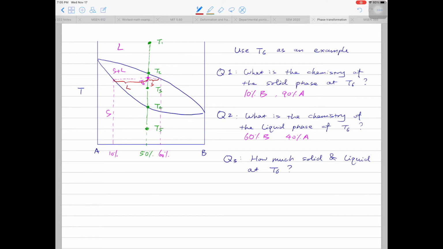The S is not on the solid side, but on the liquid side. It's like a lever. When you press down on one end, the other end pops up. Hence, it is called the lever rule.